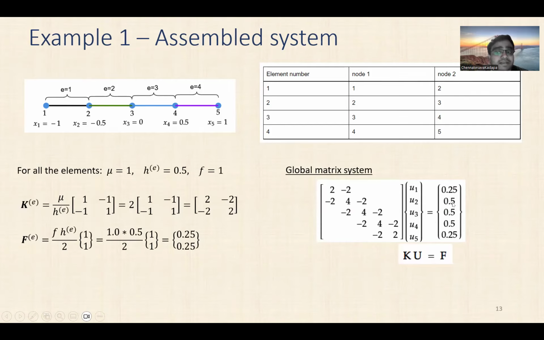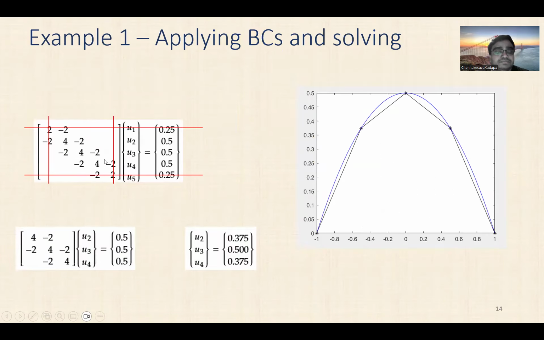Now we know for a fact that the boundary conditions are zeros, so we eliminate the degrees of freedom, the first one and the last one. That is, we remove the first row, last row, first column and last column. By doing that, we get a reduced system of equations.